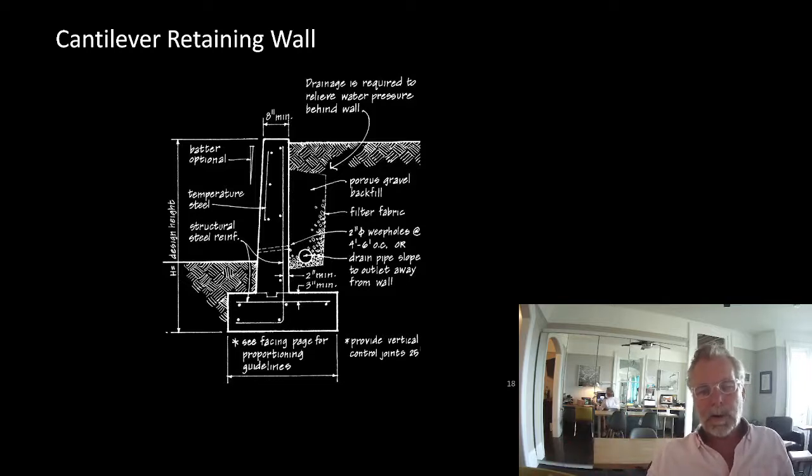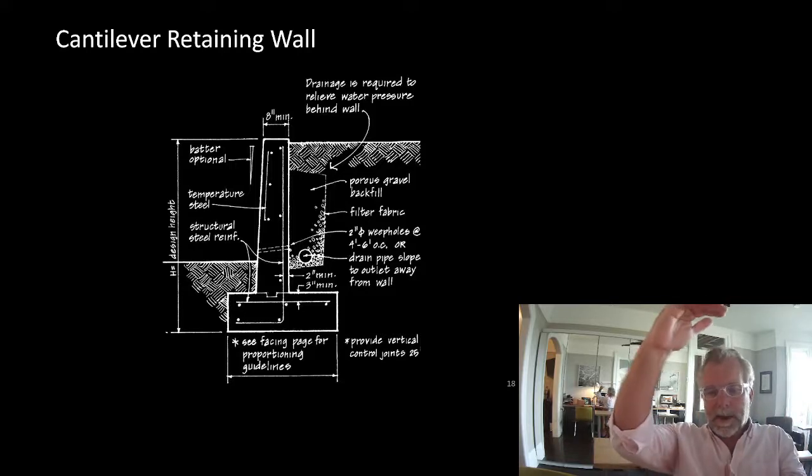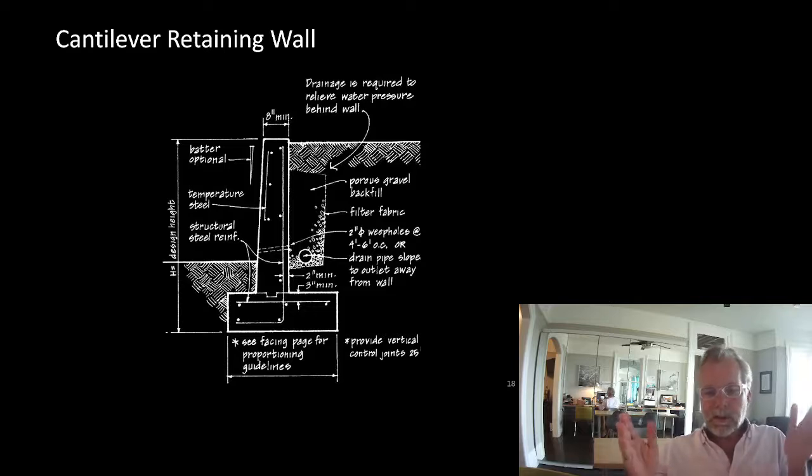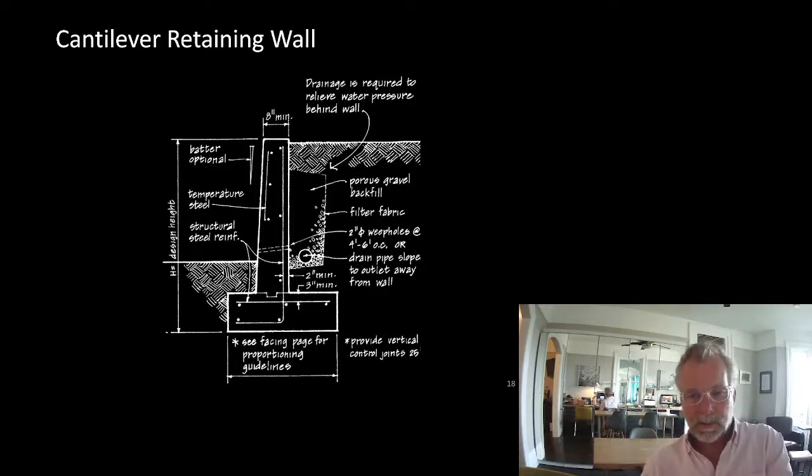And we may very well be up against a property line or something. So often in that case, we would put the footing on the low side. On the low side, it's much less efficient. And so where our rule before was 1 to 1.5, if our footing is on the low side, it's more like 1 to 1 because we don't have the weight to hold it down and keep it from tipping over.